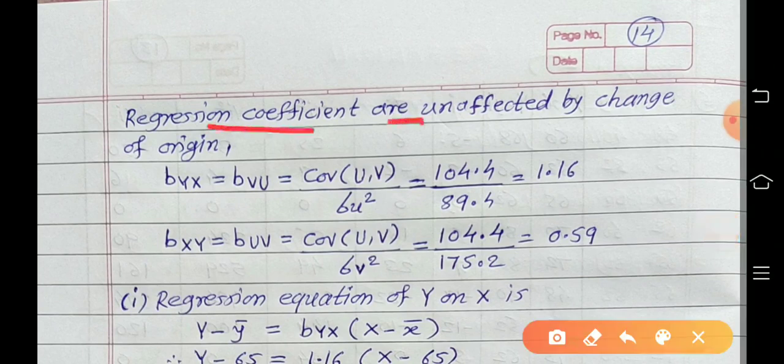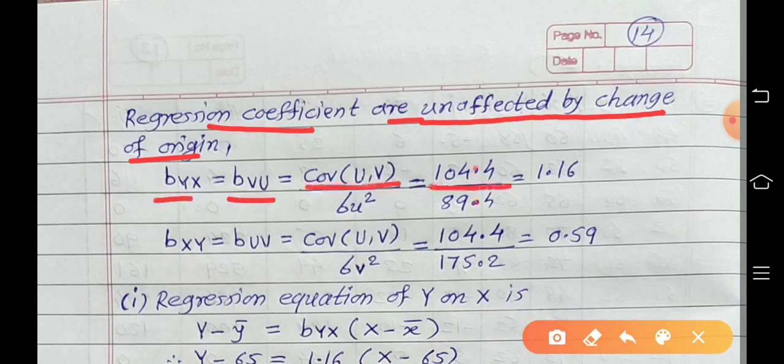Next, now regression coefficients are unaffected by change of origin. No change occurs. That's why bvu means nothing but byx. Remember, so covariance between uv upon sigma u square is equal to 104.4 upon 89.4. After the decimal point, a single digit is there, so multiply by 10.